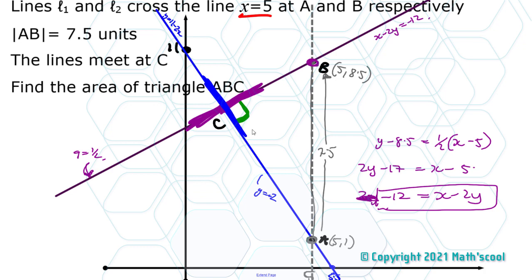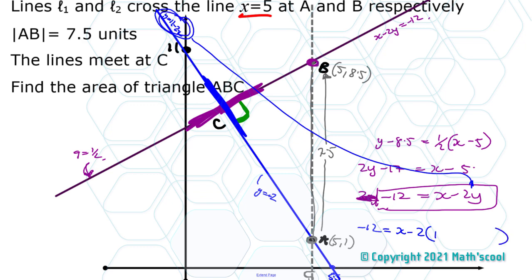I'm just going to substitute this y equation into here. So minus 12 equals x minus 2 lots of 11 minus 2x. So minus 12 equals x minus 22 plus 4x.